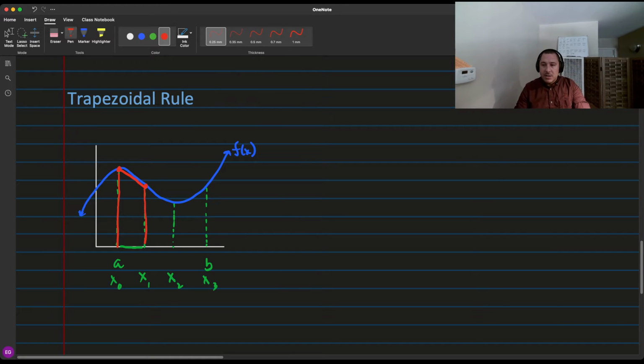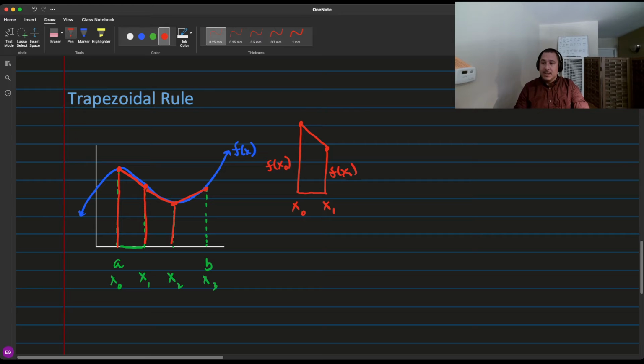Then you get another trapezoid that looks like this, and another that looks like that. Does everyone see our 3 trapezoids? That first trapezoid, I'm going to draw here off on the side. It looks something like this. Remember that this is x0 and this is x1. So the heights are f of x0 and f of x1.